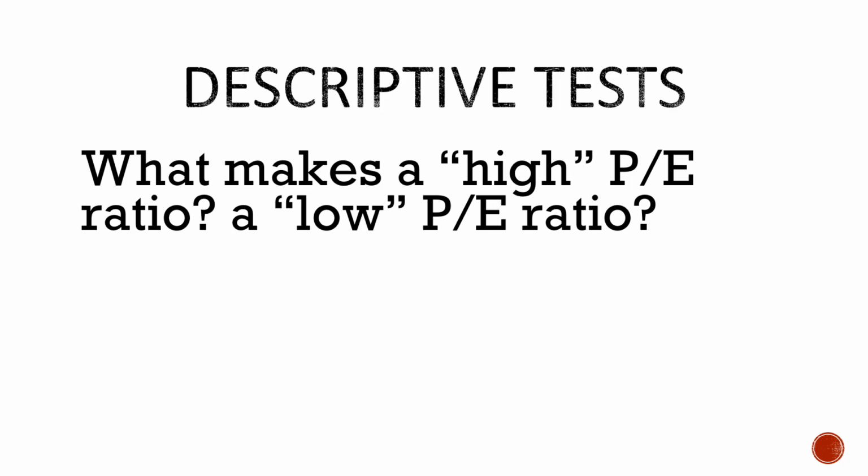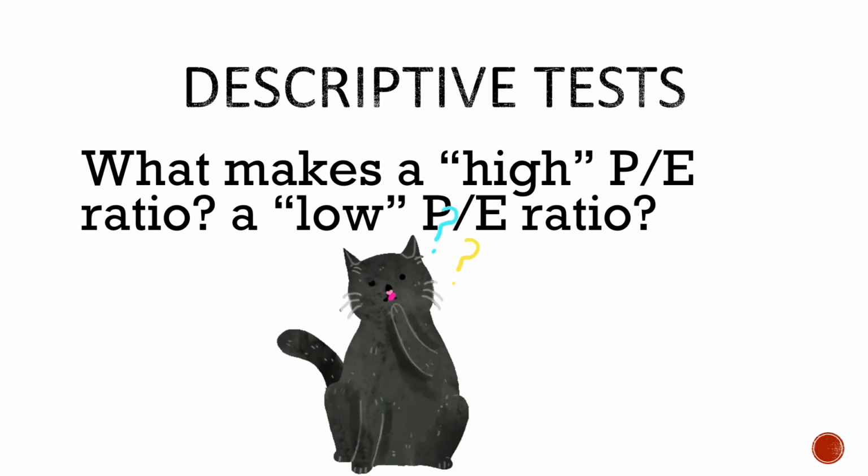Third, we have the descriptive test. What makes a high PE ratio? What about a low PE ratio? Note that the multiples in a particular sample or population of companies do not really form a normal distribution. Why is that so?